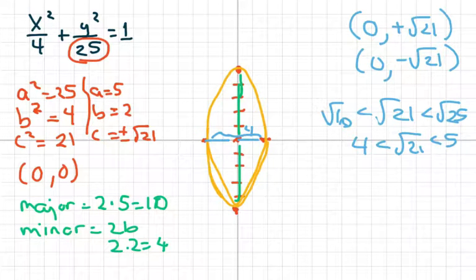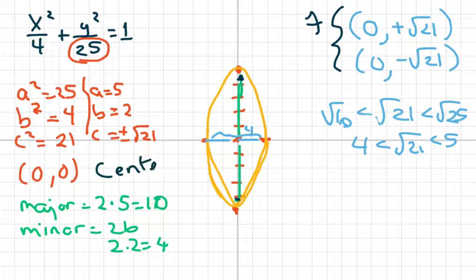So it's right here. There's your foci. Right down here. So you have to draw that. So here's your foci, your center, and we did the length of the major and minor axis.